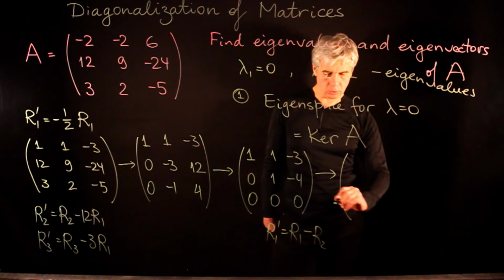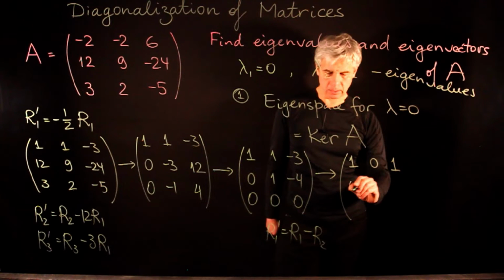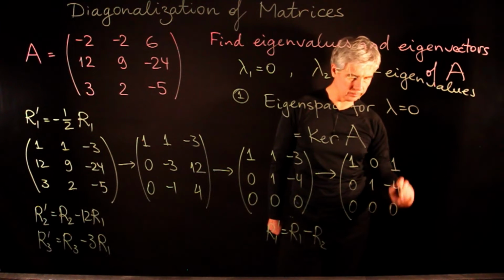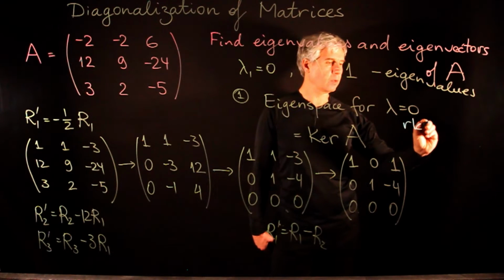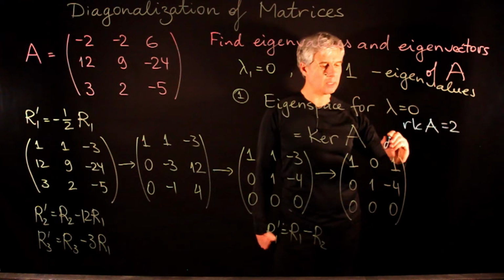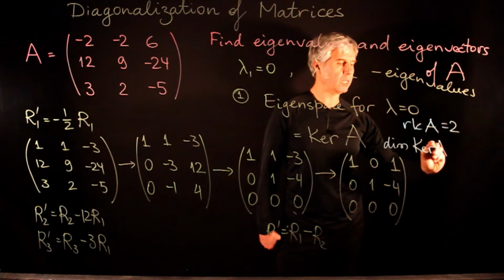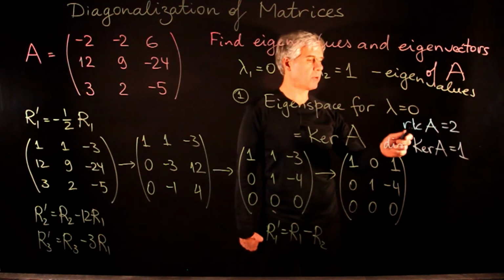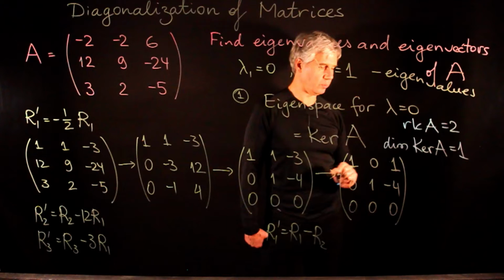And we get the reduced row echelon form: 1, 0, 1, 0, 1, negative 4, 0, 0, 0. Here we see that the rank of this matrix is equal to 2, and this means that the dimension of the null space is equal to 1, because this is a 3 by 3 matrix, and we know that rank plus nullity is equal to the number of columns.